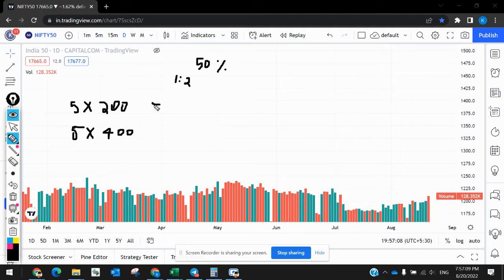What happens is I lose 1000 rupees here, but here I make a profit of 2000. So even with a 50% accuracy and 5 loss trades and 5 profit trades, I am making 1000 profit.